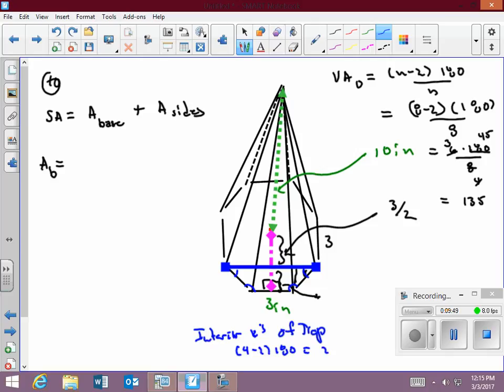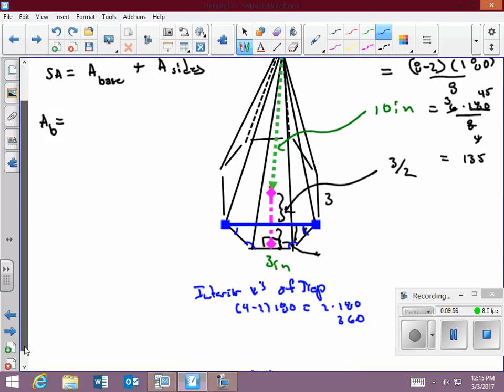So that's 2 times 180, which is 360 degrees. Then there are 2 angles that are 135, because this angle is 135 and this angle is 135. So then we subtract 270 from it. We get 90. That means the sum of this angle and this angle is 90 degrees, so that makes this angle 45 degrees.